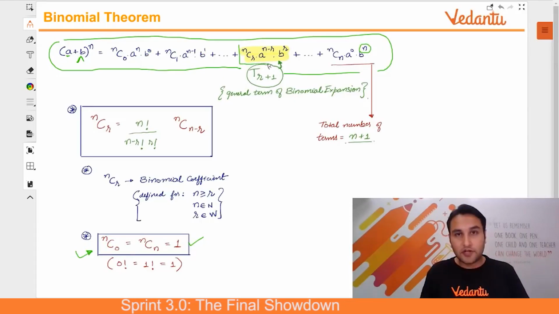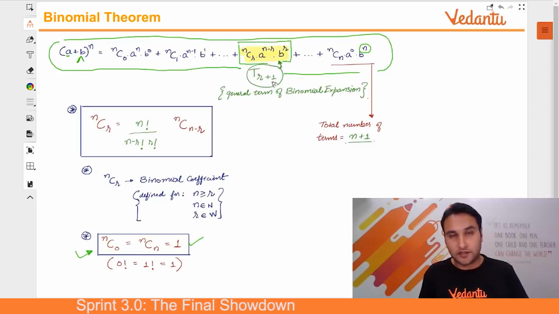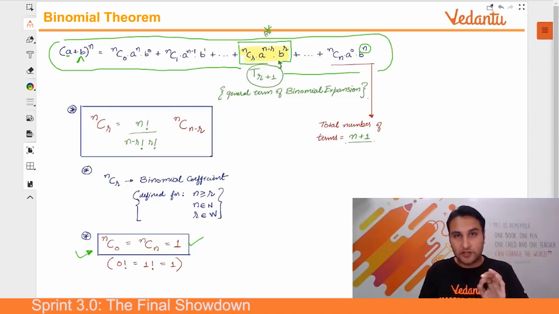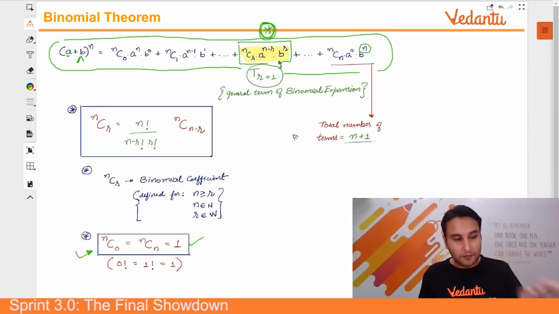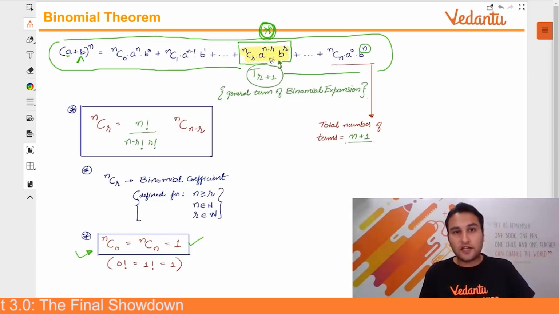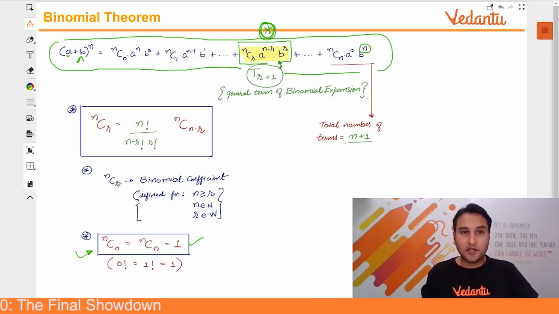And always remember the general term, which we call the r plus 1th term, that is NCR. Note this very carefully. This is what you need to keep in your mind. Okay? So NCR a to the power n minus r b raised to power r. Also remember one thing very carefully: NCR is equal to NCn minus r.